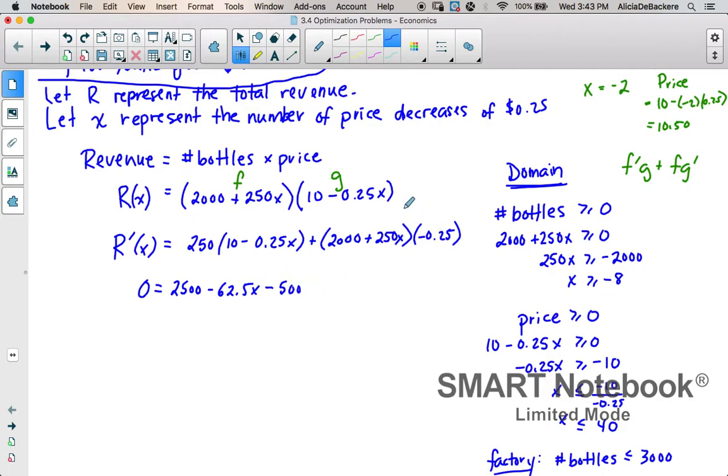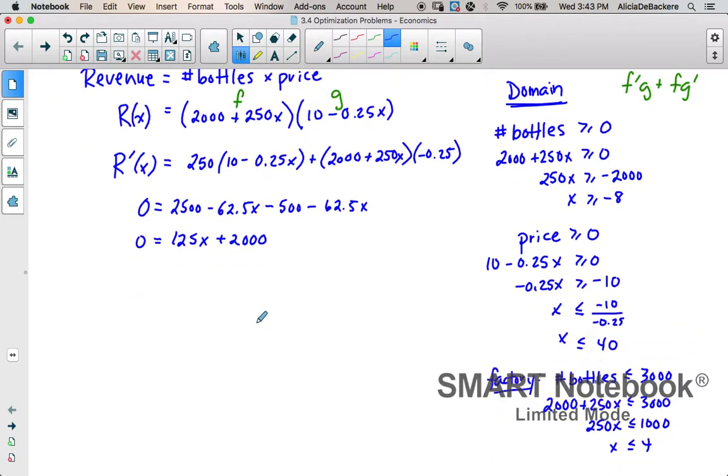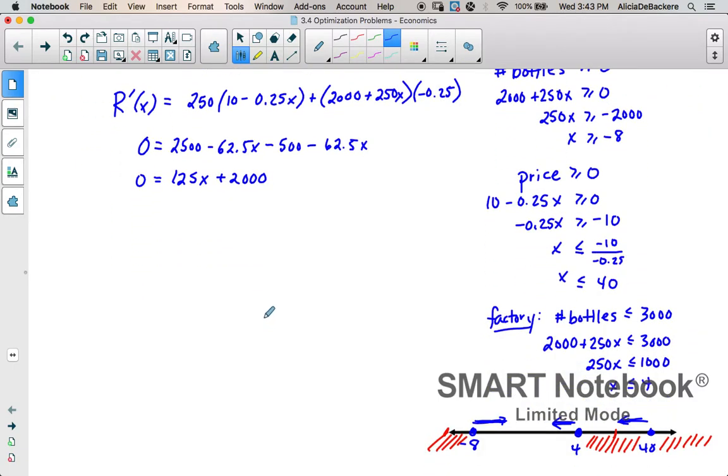So here I've got this negative 0.25 that I'm multiplying forward into the bracket. And then I'll collect like terms. All right, so I'm solving for my x value.